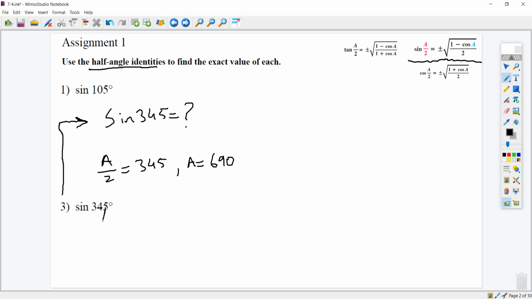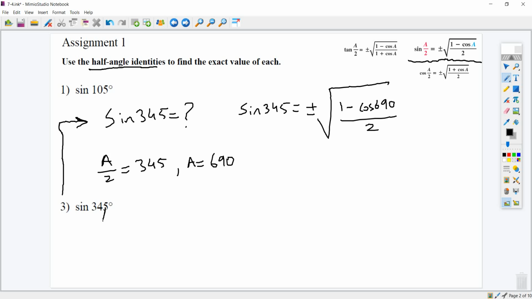It's a very big angle, I know, but we will use the sine 690 here to find the sine 345. So sine 345, if you use the formula, will be plus and minus the square root of 1 minus cosine 690 over 2. This is going to be our answer.